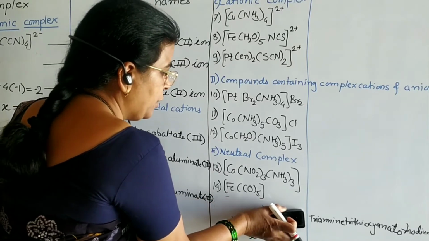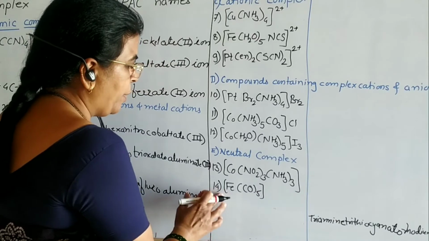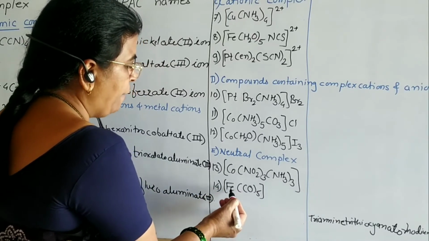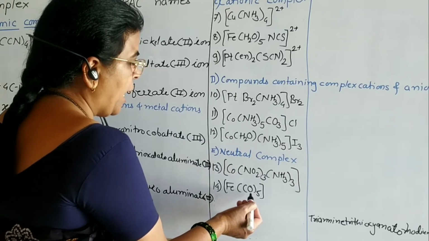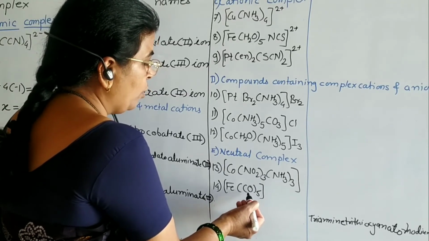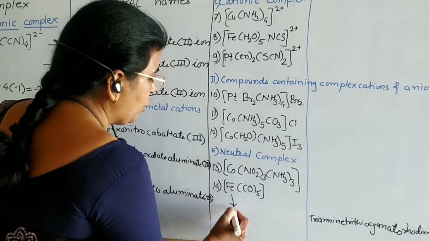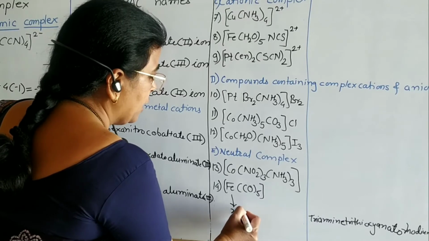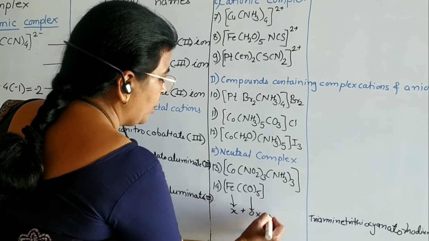Now we are going to see the 14th one. The name of this complex. It is Fe(CO)5. Here this Fe is attached to 5 carbonyl groups. The oxidation state of the carbonyl group is 0. The oxidation state of iron is X. Here the oxidation state of carbonyl is 0 multiplied by 5 is equal to 0.